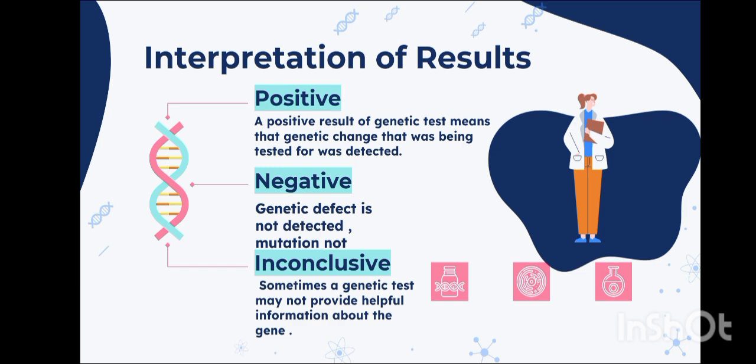Next is negative, where the genetic defect or mutation is not detected. And third is inconclusive. Sometimes a genetic test may not give helpful information, so that is also a limitation, as it doesn't provide proper or sufficient information. So these are the results.